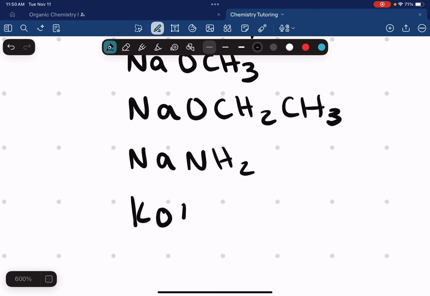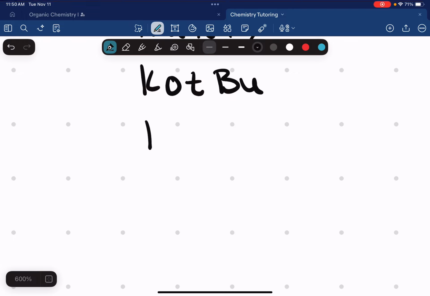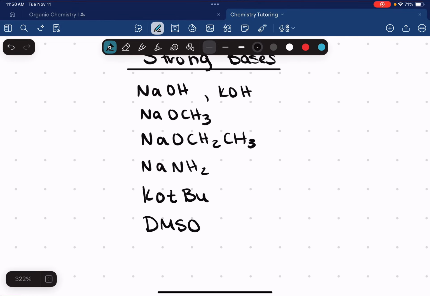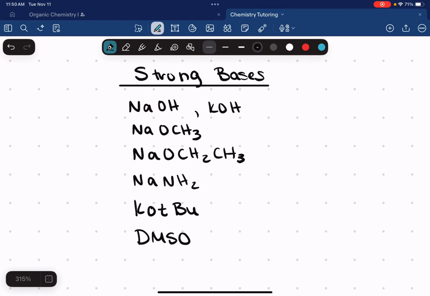This is one I feel like I saw in the exam. Potassium tert-butoxide, I think is what it's called. And then DMSO is one. So these are strong bases. If you see one of these, it's most likely an E2 reaction.